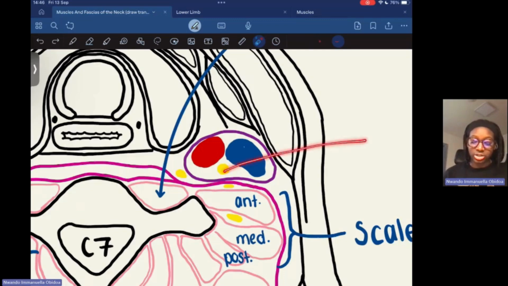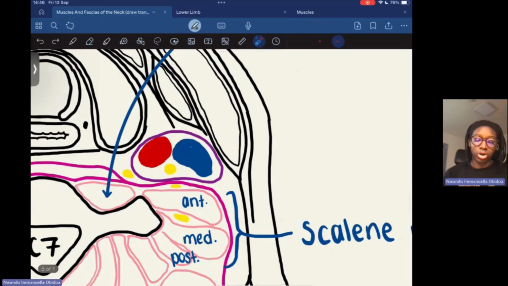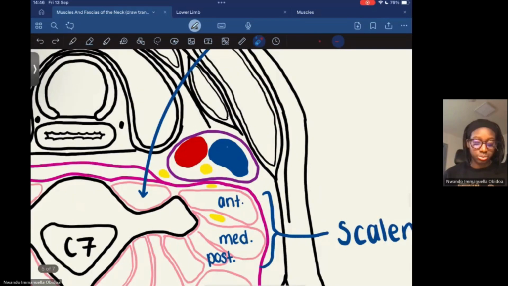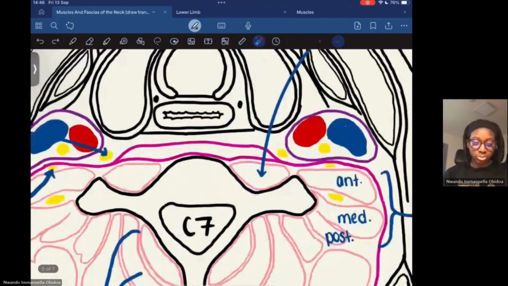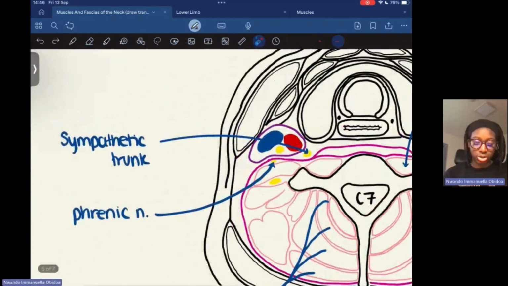But this is your vagus nerve, which is where the recurrent laryngeal nerve branches off. And then this is your sympathetic trunk for the sympathetic nervous system, and then the phrenic nerve, which is a branch from the cervical plexus.